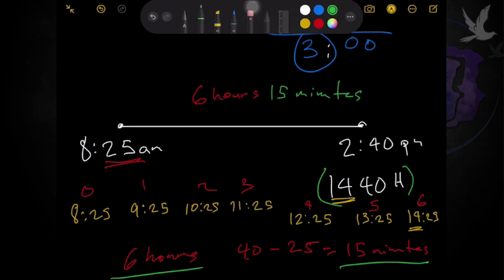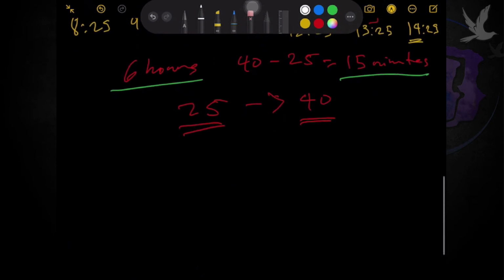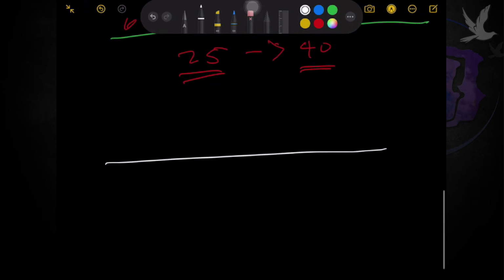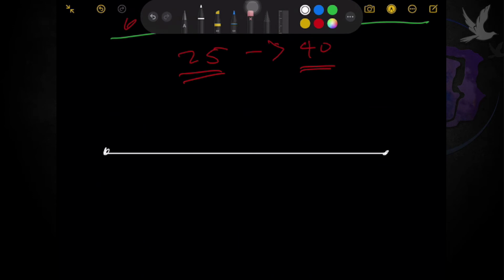Now, what if the minutes of our end time are smaller? What are you going to do? So then again, another situation. Our starting time is 10:45 and our end time is 3:30.